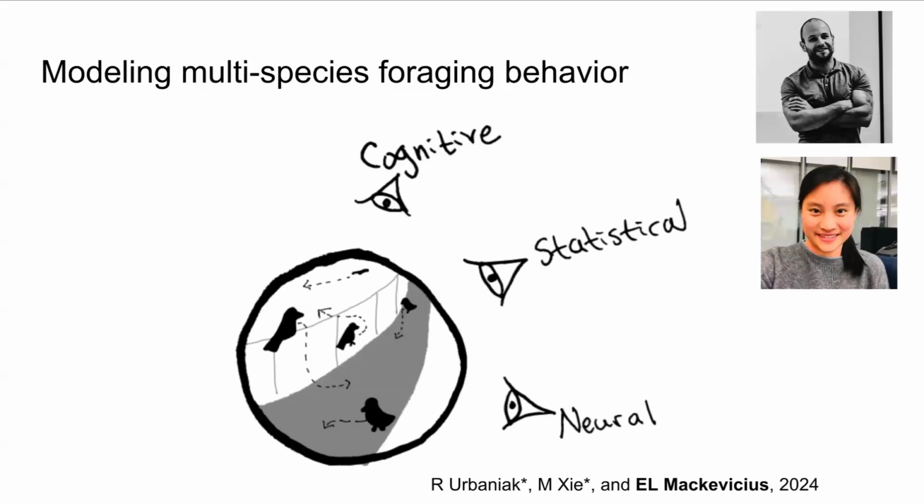So this is together with Rafal Urbaniak and Marjorie Shi, and we realized that there's a lot of different perspectives, each with their own kind of notation for studying multi-agent animal behavior. So there's more of a cognitive perspective with these interpretable RL models that capture in the value function what is driving animals' behavior. There's more of a statistical perspective of trying to predict what their behavior will look like.